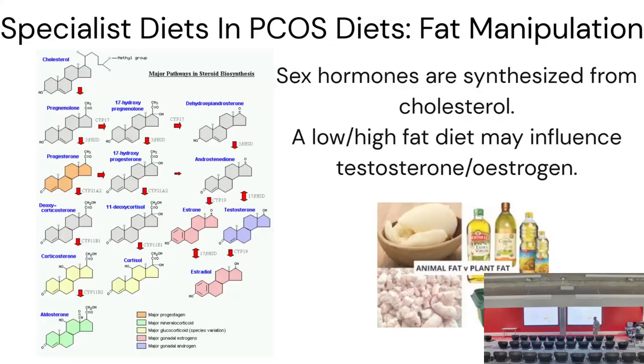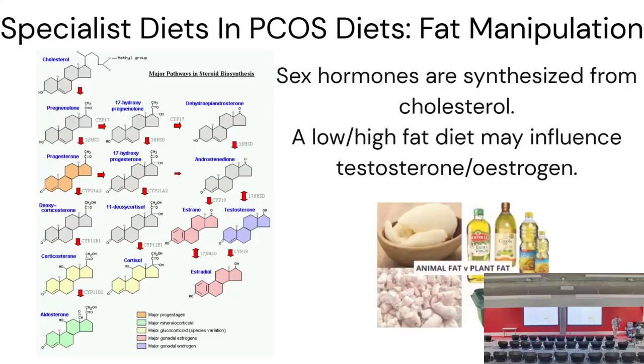If we look at fat manipulation, we've got cholesterol. And you can follow these biochemical pathways all the way down if you want. Cholesterol eventually gets converted into estrone and then estriol and then estrogen or aldosterone or cortisol or testosterone.